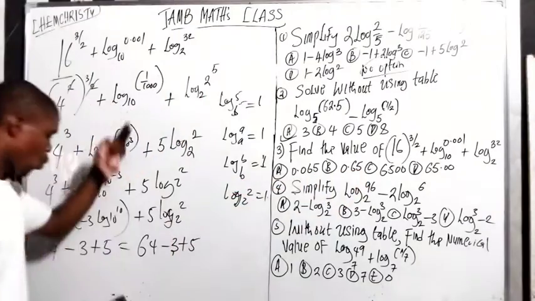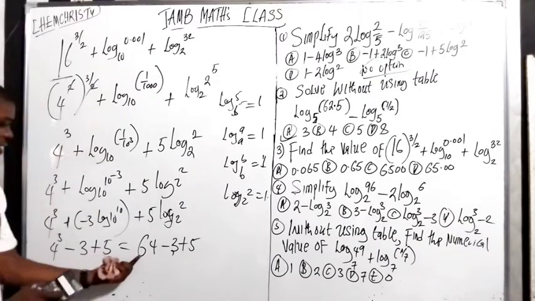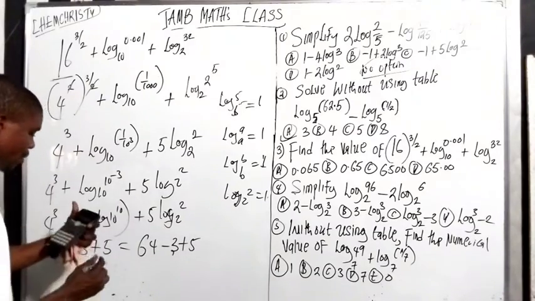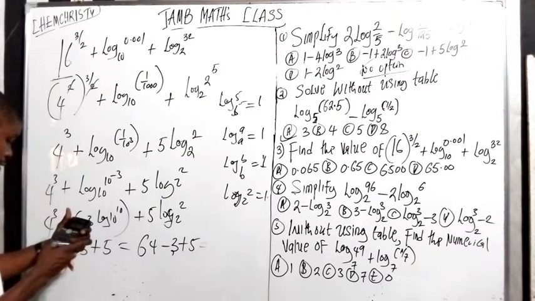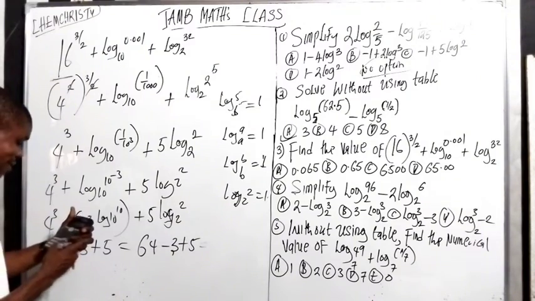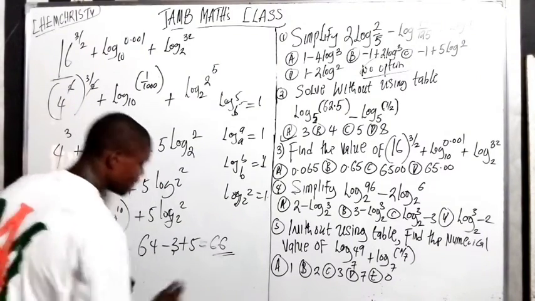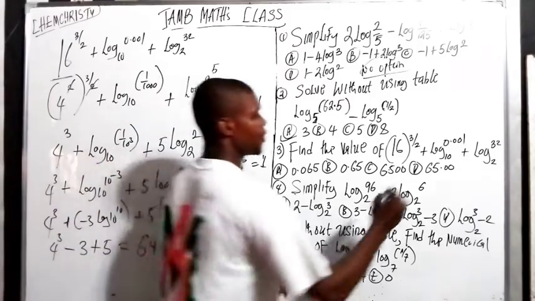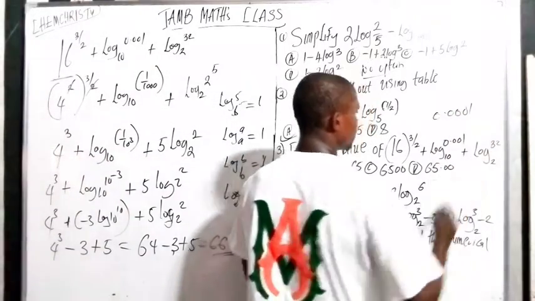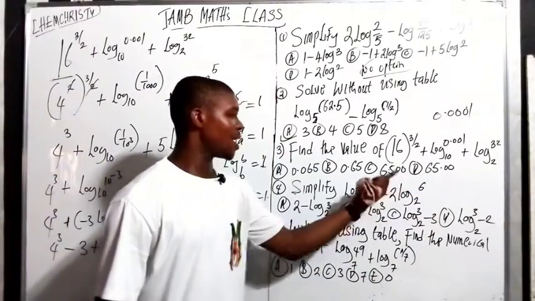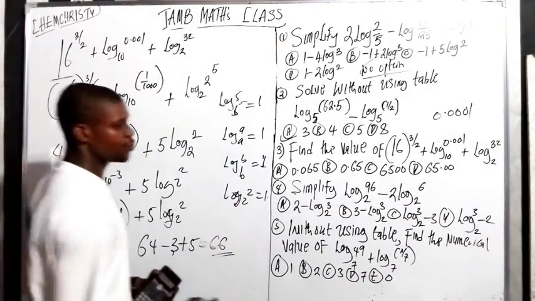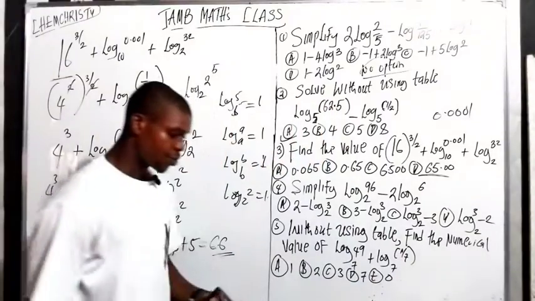There's a mistake here, but since we have evaluation here, 64 minus 3 plus 5, here we have what? 66. Now, I just checked the question. Here it's supposed to be 0.0001. That is the reason why it's like this. But the option should be D. This one is the option here.